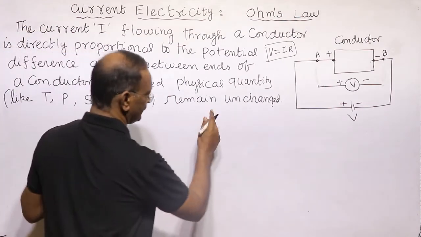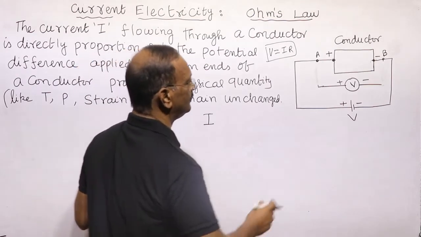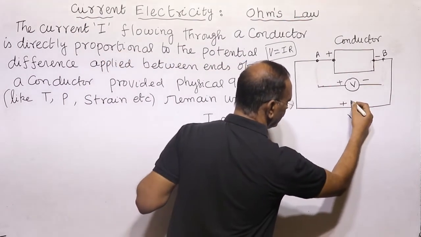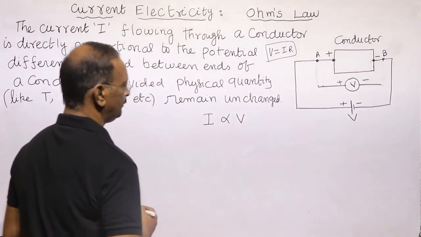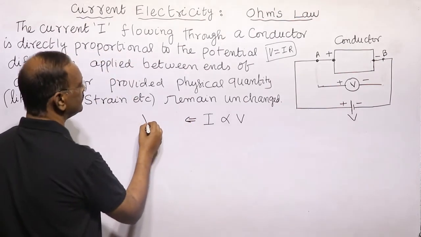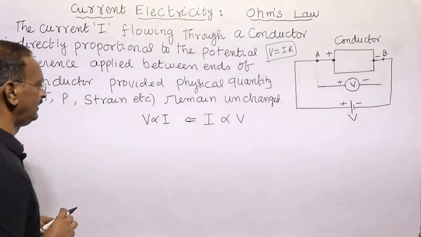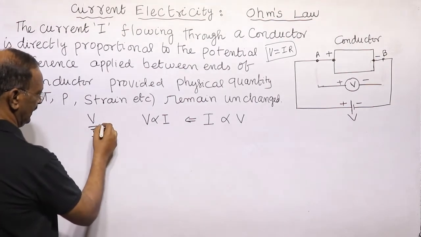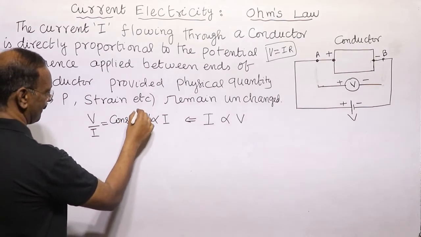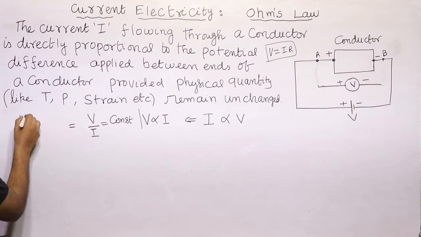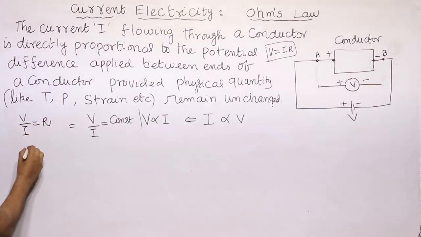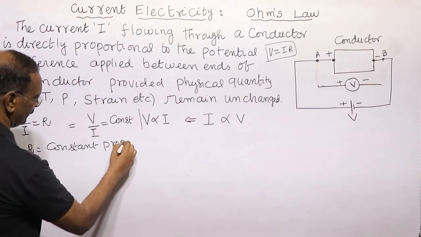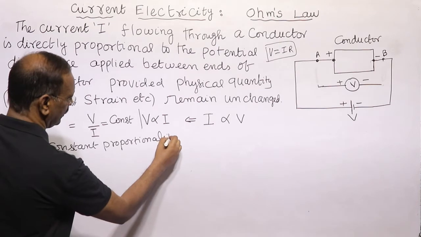So what Ohm's law says is that the current flowing in this conductor is directly proportional to the applied potential difference, that is, the battery. So V is proportional to I, and V by I is equal to a constant, or V by I is equal to resistance, where R is the constant of proportionality.